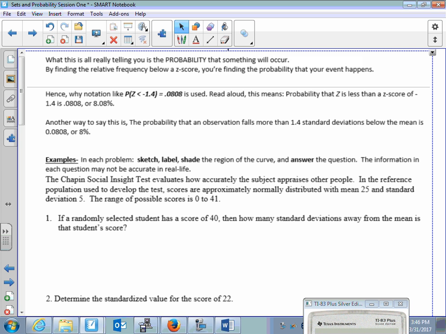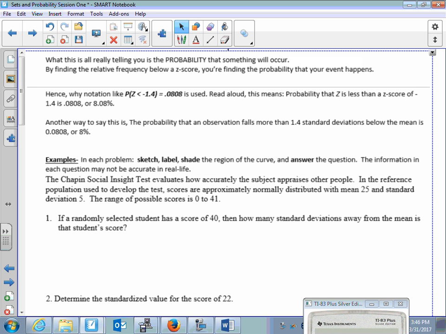Now, when you find an area under the normal curve, what you're really getting is a probability. Because remember, probabilities are 0 to 1, and the area under the normal curve from negative infinity to infinity is 1.